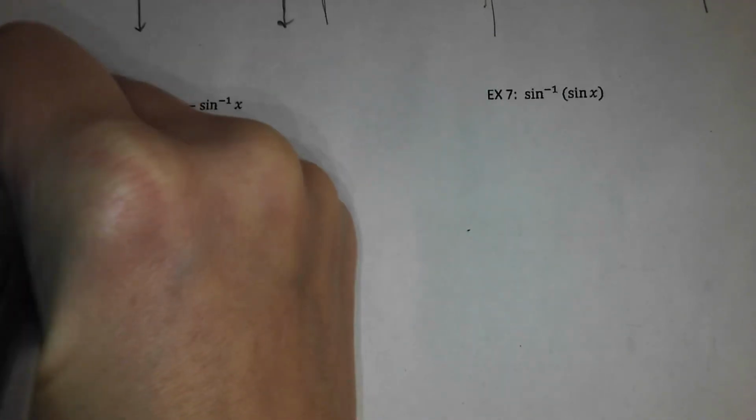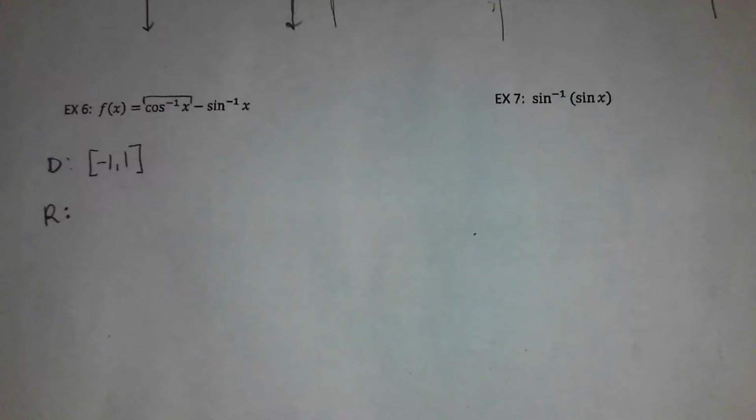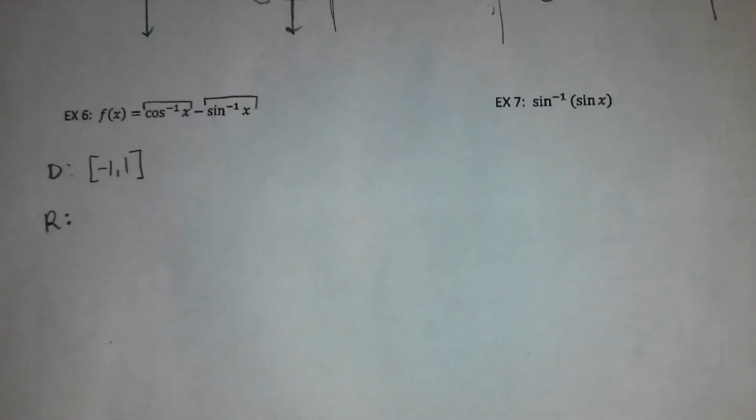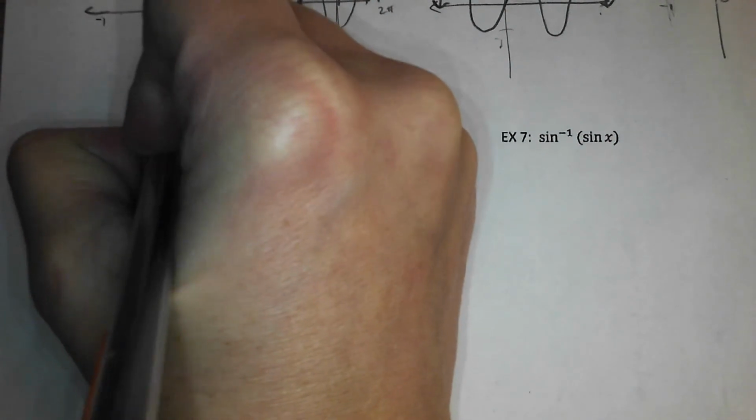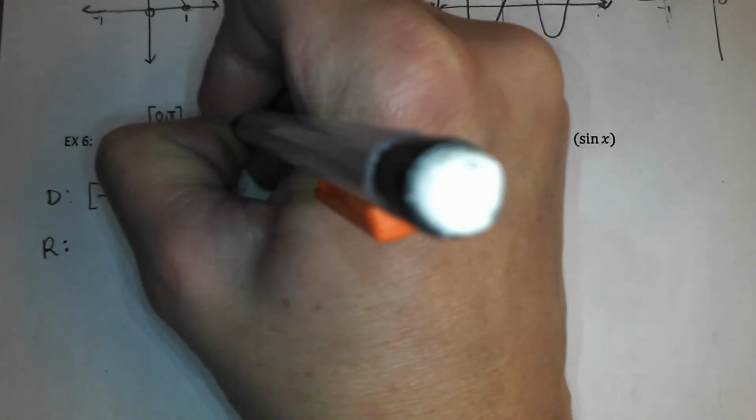Now the range here is very different. I know the range of this piece individually, and I know the range of this piece individually. The range of inverse cosine is 0 to pi, and the range of inverse sine is -pi/2 to pi/2.